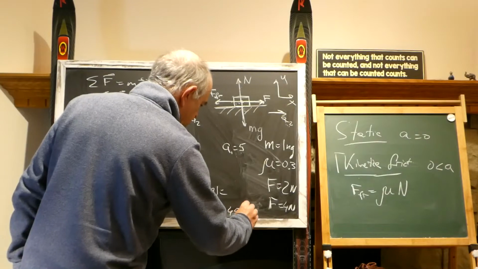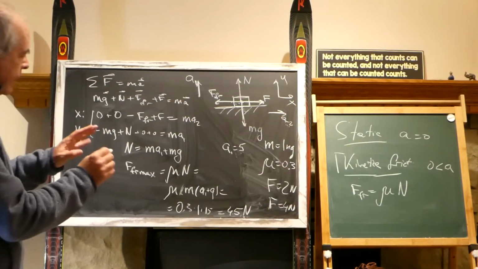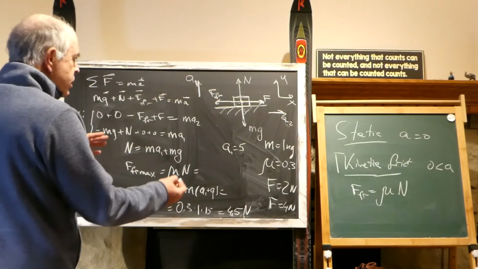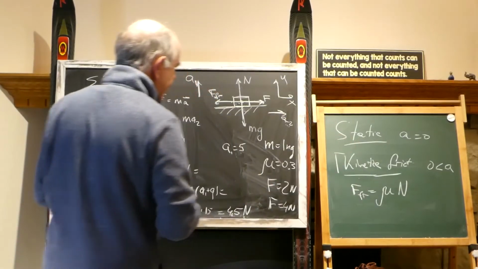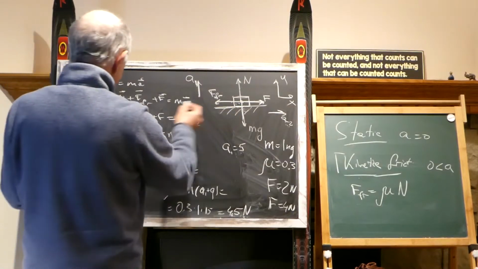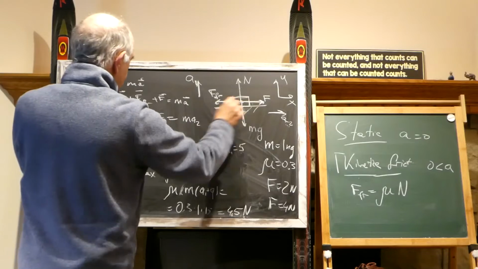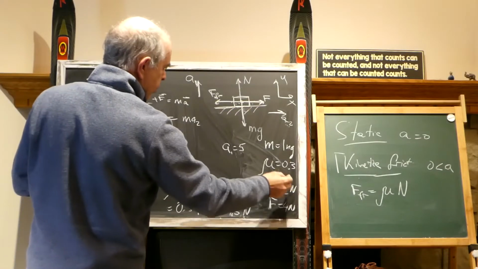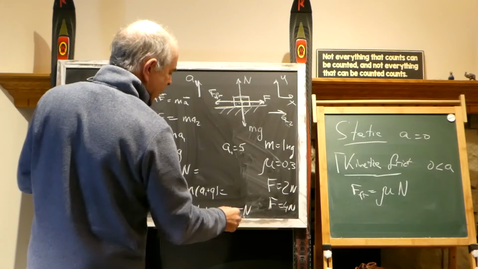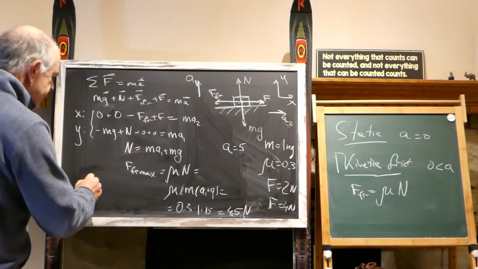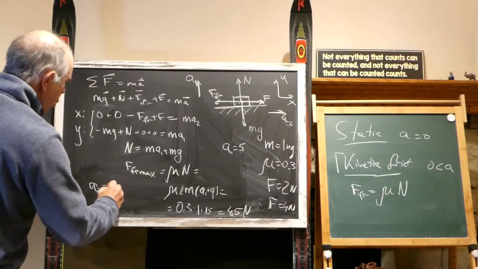It would be 4.5 newtons. So this is a critical force that will distinguish between the static case and the kinetic. And now let's look at the horizontal. We have F, and F is only 2 or 4, but less than 4.5. That means that in this particular case, A2 equals 0.